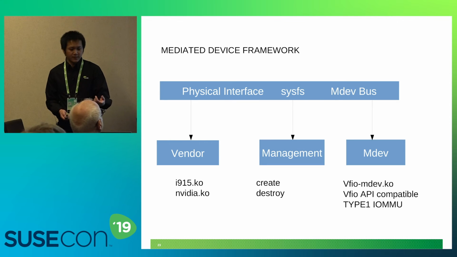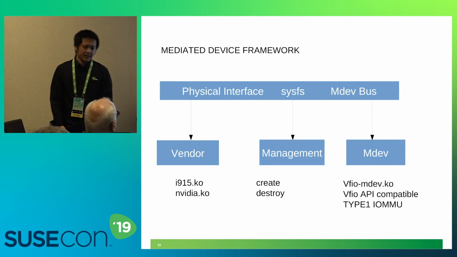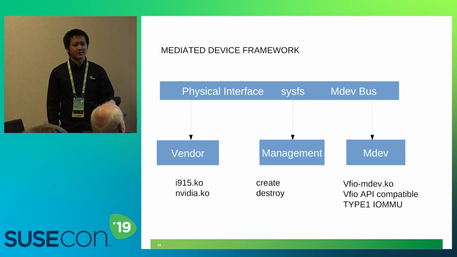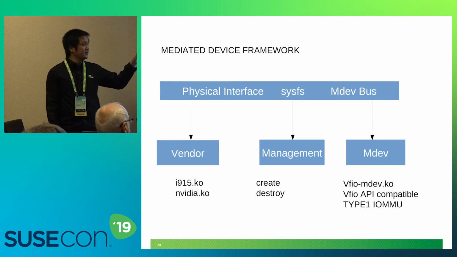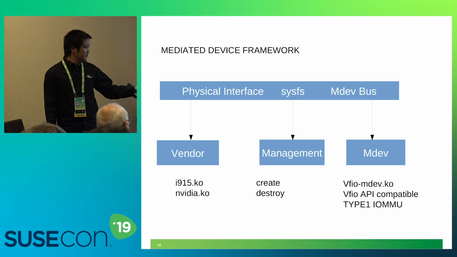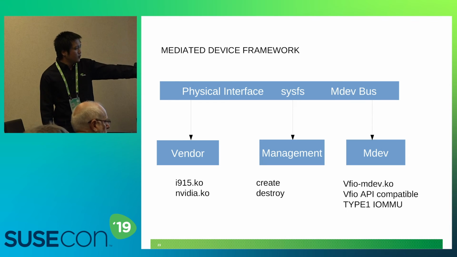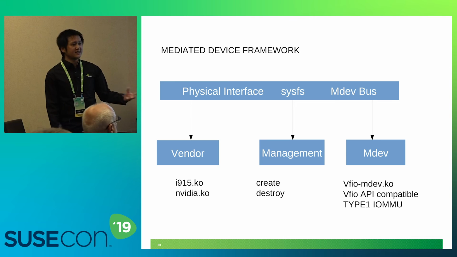So this is the software view. And so far we have our subsystem in the kernel. On the host side, the vendor provides their driver and registers it there. And on the MDEV side, the VF side, you also register a driver.